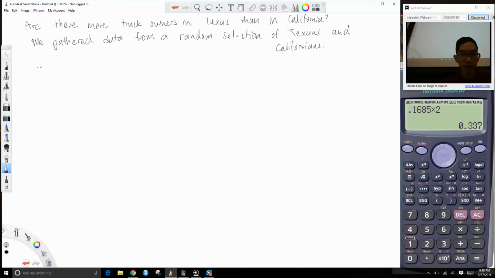Okay, so this is our data. Sample 1 will be Texas. And let's say we interviewed 200 people. And how many of them own trucks? We'll say 100 own trucks.